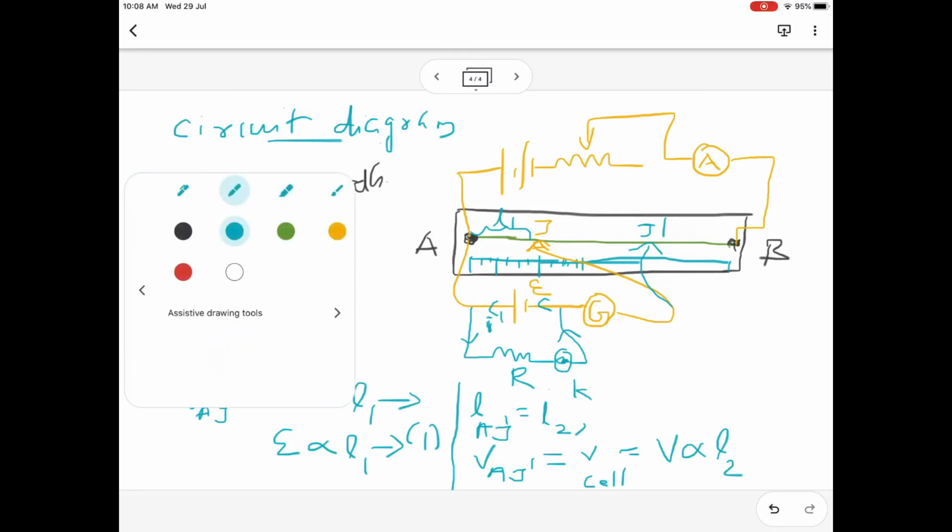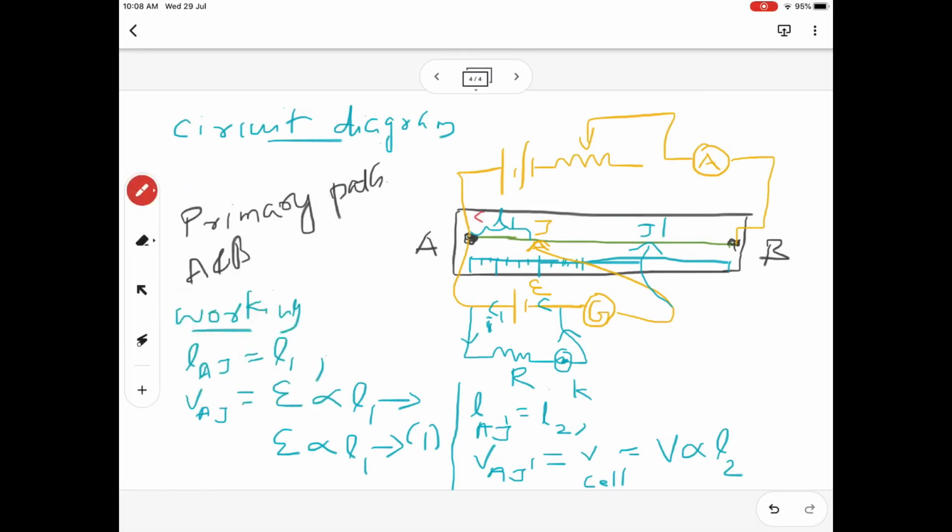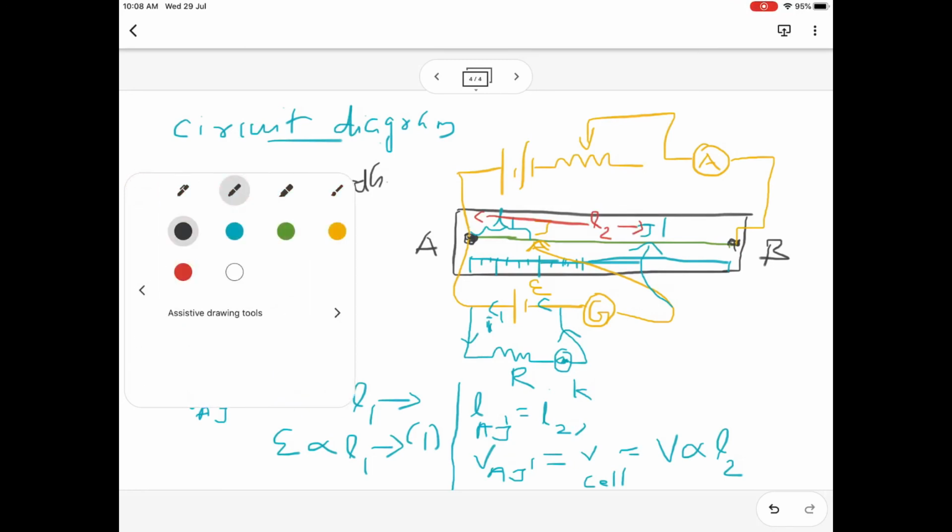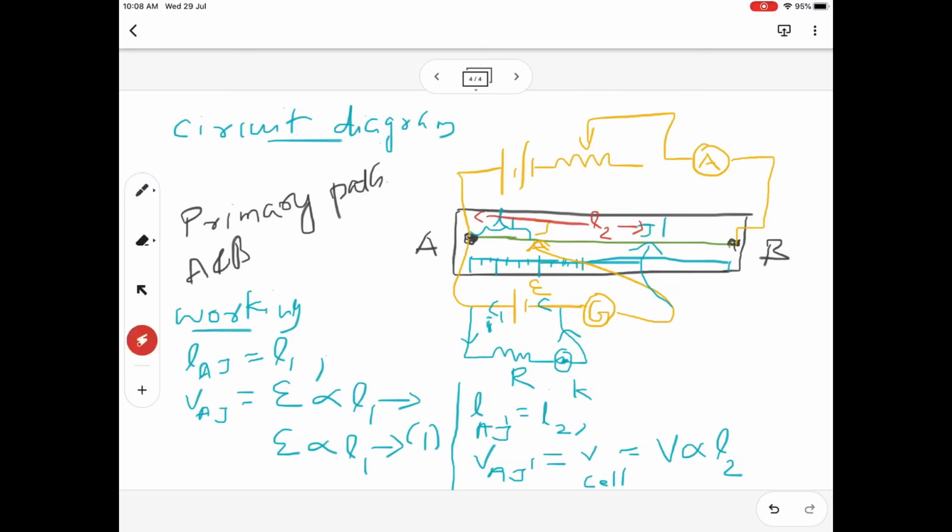So even though no current passes through the galvanometer, some bit of current passes through capital R from E. So what we are measuring is the terminal potential difference, V, which is proportional to L2. That is our equation number 2. So not an EMF here.